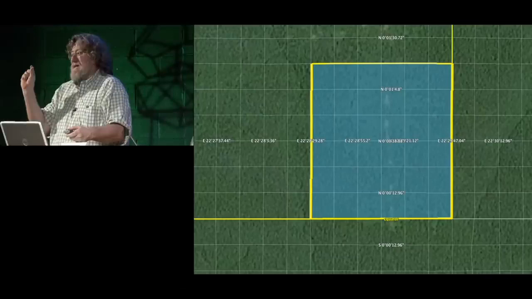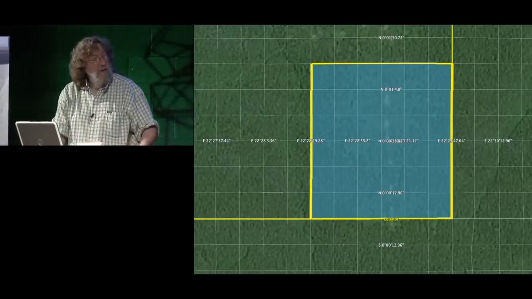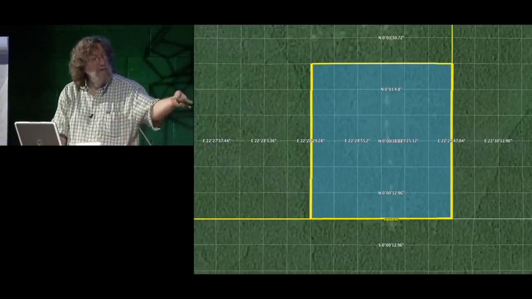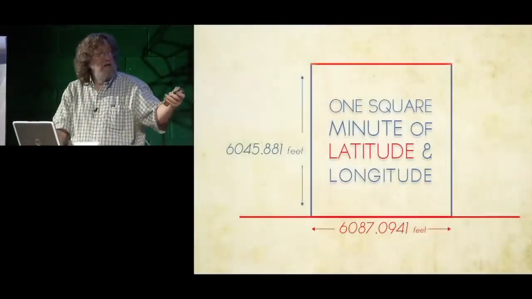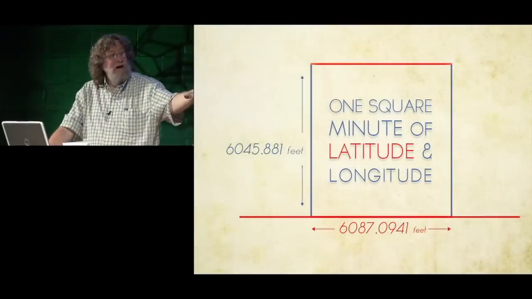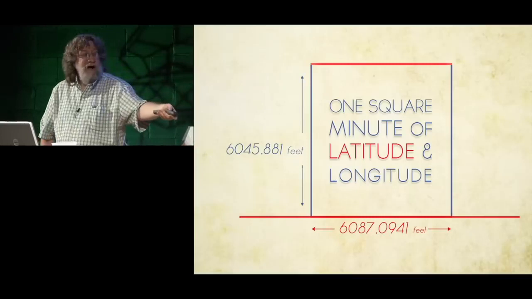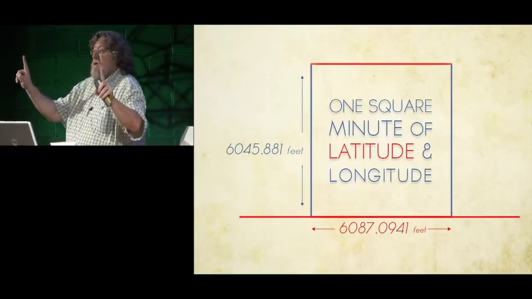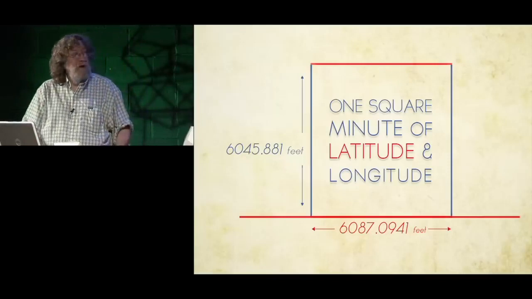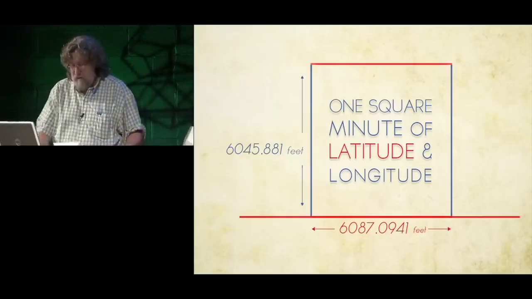So that's 1 minute of latitude and longitude. Taking a closer look, we will see that 1 minute is 6,045.881 north to south, 6,087 east to west, which is what we expect. The east-west should be a little bit longer, and that's 1 square minute of latitude and longitude.